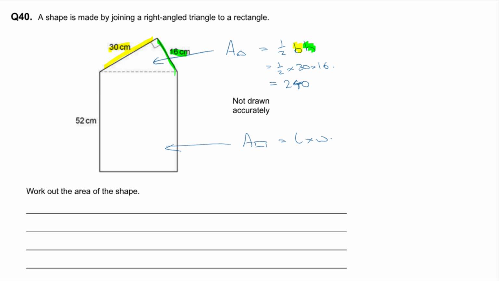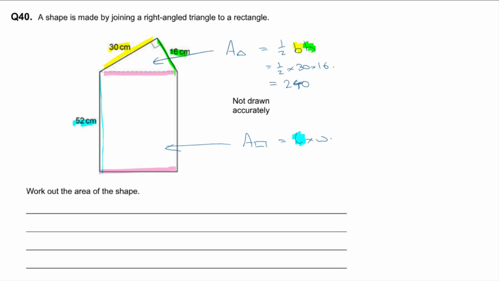So we need to work out the area of the rectangle, but oh no, look, we've only got one side of the rectangle. We know the length, it's 52, that's that side there, look, but what's this side? I don't know. We're going to have to work it out, aren't we? Well, that side there is the same as that side up there, and that side up there is the hypotenuse of that triangle at the top, where we know 2 sides.